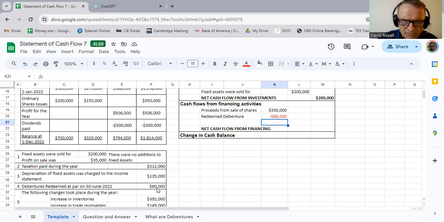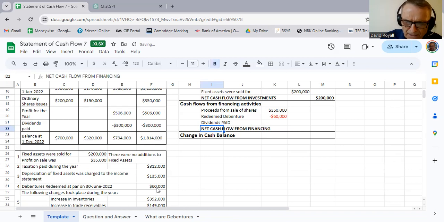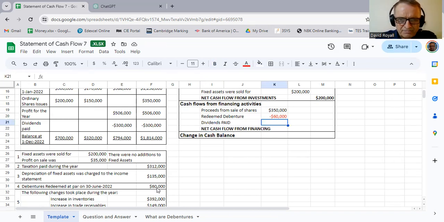Right. So 350,000 came in, 60,000 went out, and we want our dividends paid. See, I keep narking at that point because there are so many references to dividends in some of these statements. You've got to pick out the right one. So what was paid? Oh, look, dividends paid inside the equity statement.